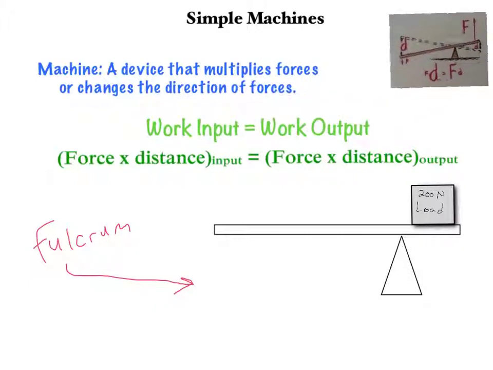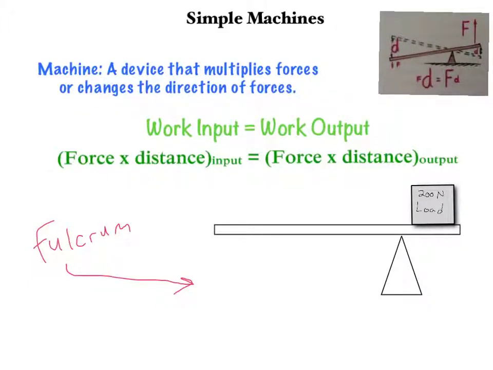Okay? The further away a fulcrum is from the load, the greater amount of force you would have to apply to the lever to lift that load. This is because when the input force is extended further away from the fulcrum, that input force is exerted through a larger distance, and the load is moved through a correspondingly short distance.